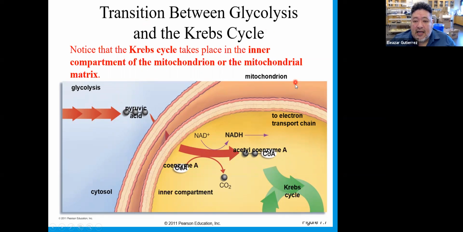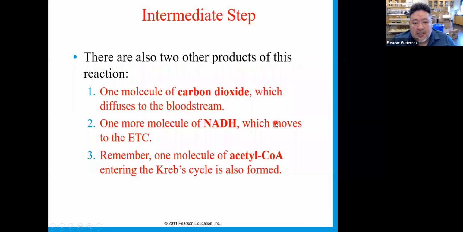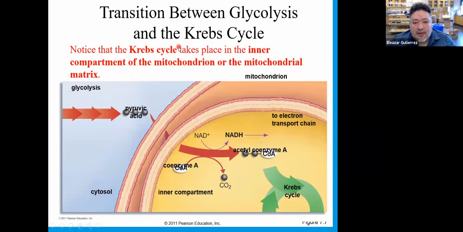So here's the 4-ish step. This author calls it the intermediate step, okay? And it's between glycolysis and the Krebs cycle, and it takes place as pyruvic acid traverses the 2 plasma membranes to enter the mitochondrial compartment or mitochondrial matrix.